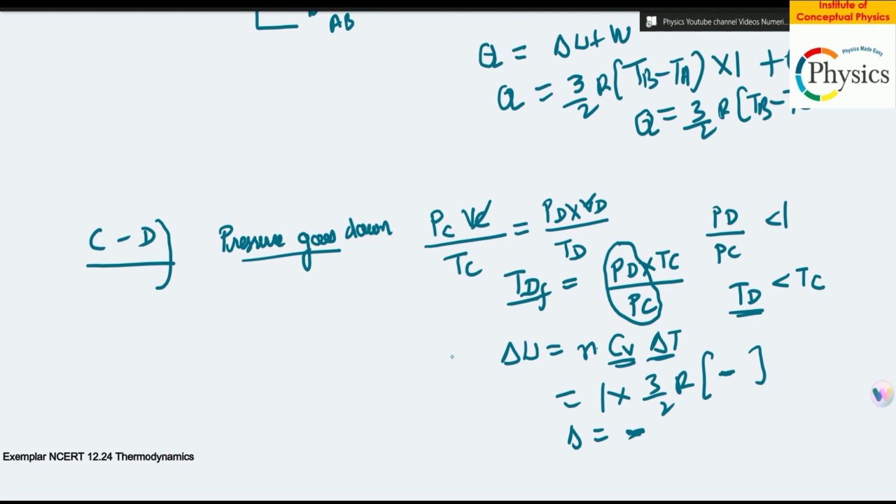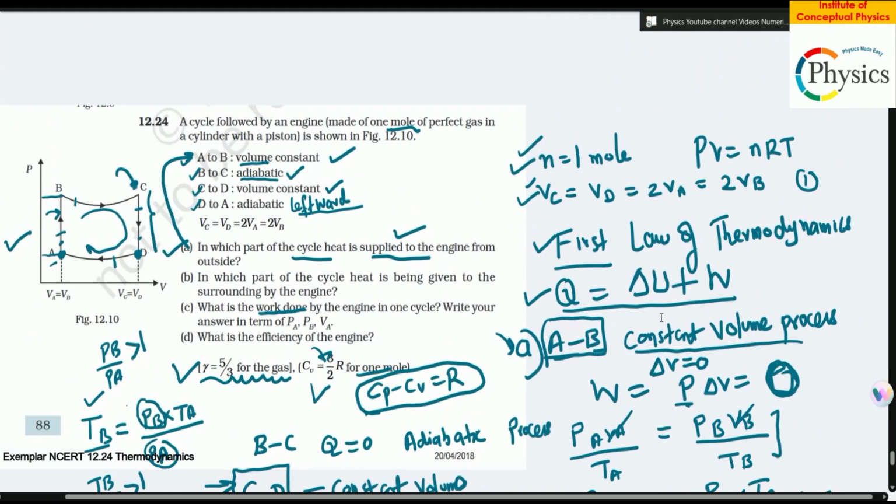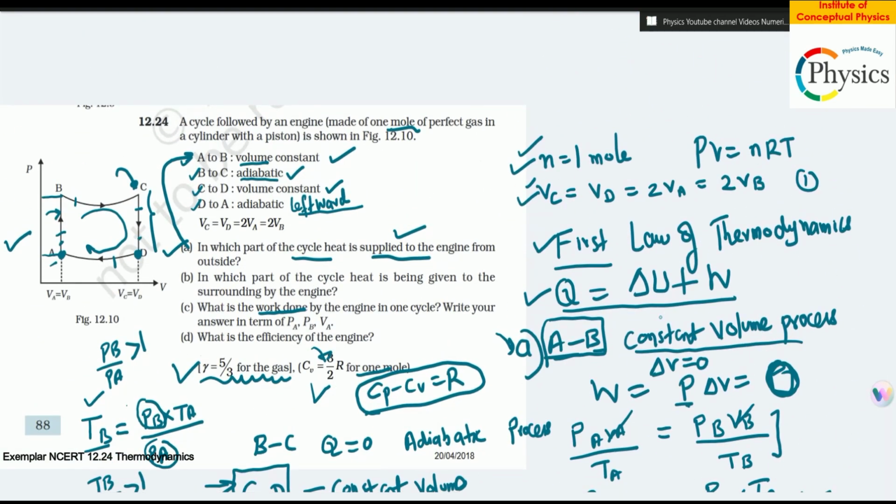What is the work done during C to D? The work done during C to D is 0 because the volume change is 0. If you see the figure, from C to D it's a constant volume process, right? This is an isochoric, constant volume process.